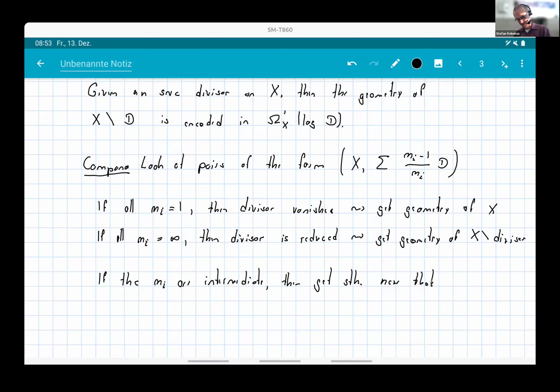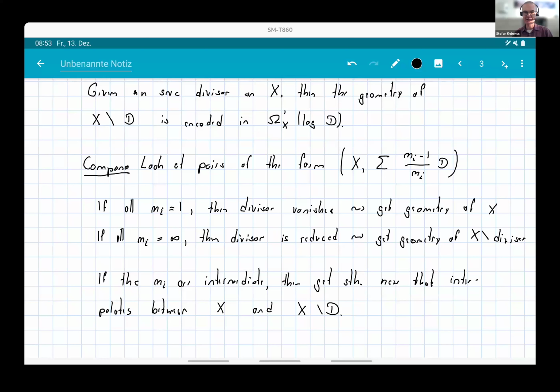That interpolates between X and X minus D. So that is another motivation.